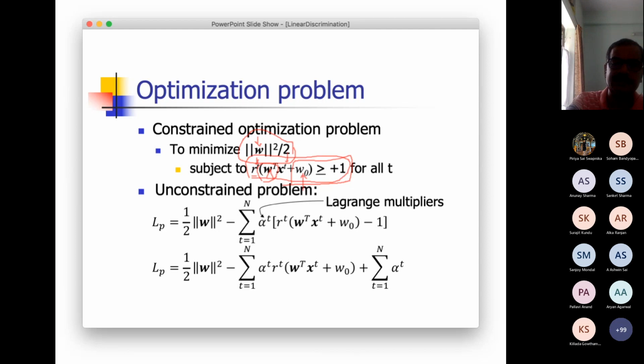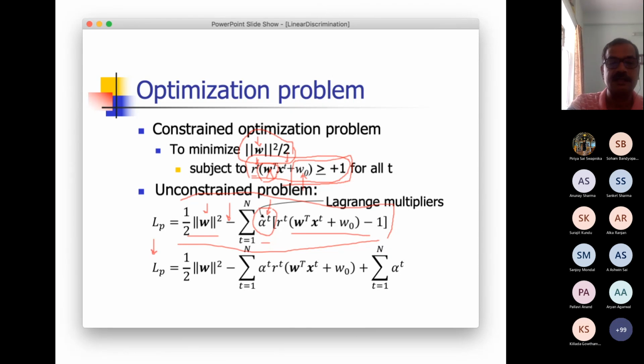Which means this also has now become a parameter, so these are additional parameters. So we have to find out not only W, we have to find out also alpha t, right? So that this term gets minimum. Since it is minimum, that's why you are using negative here, and this is a constant coefficient. So this is a simplification from this term, and if I simplify it, you can represent it in this form.